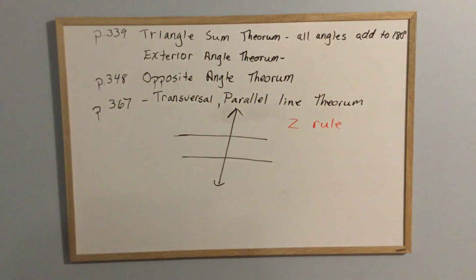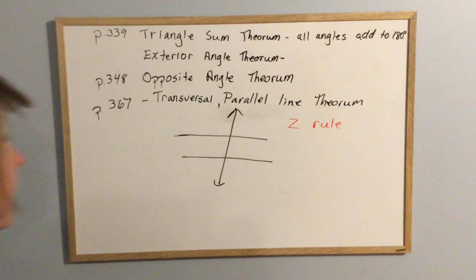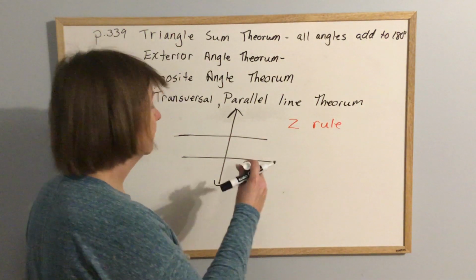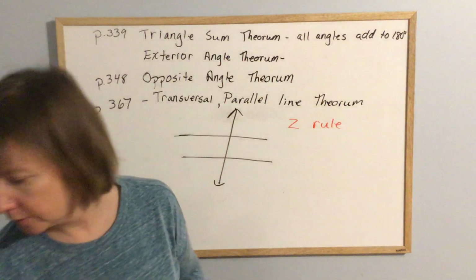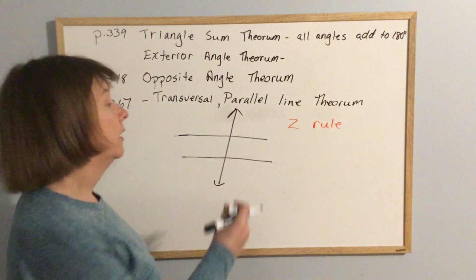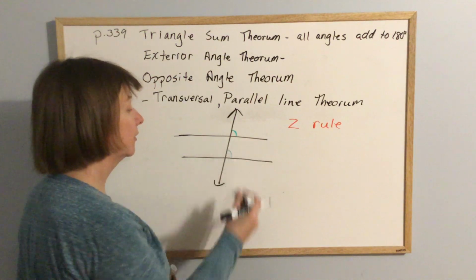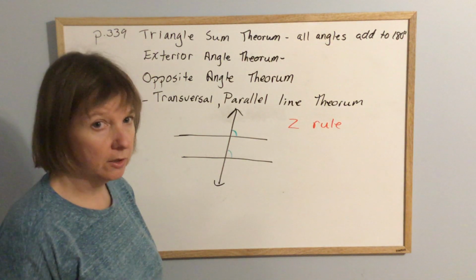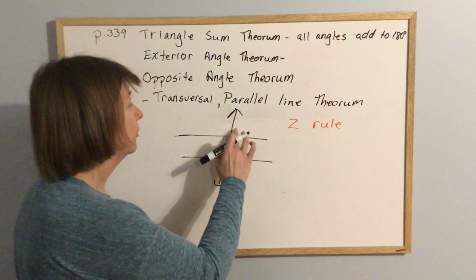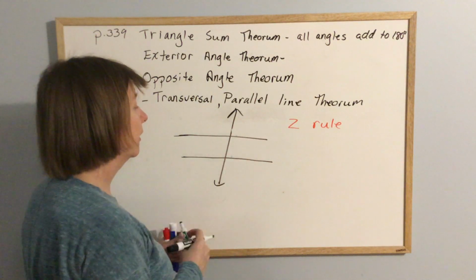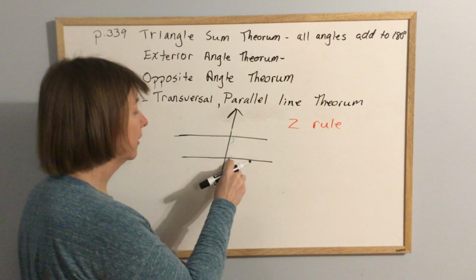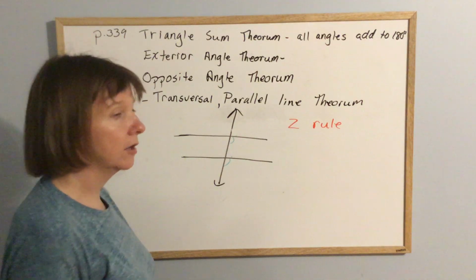According to that, this angle here and this angle here would be equal, all right? You could also look at it as this angle and this angle are equal.